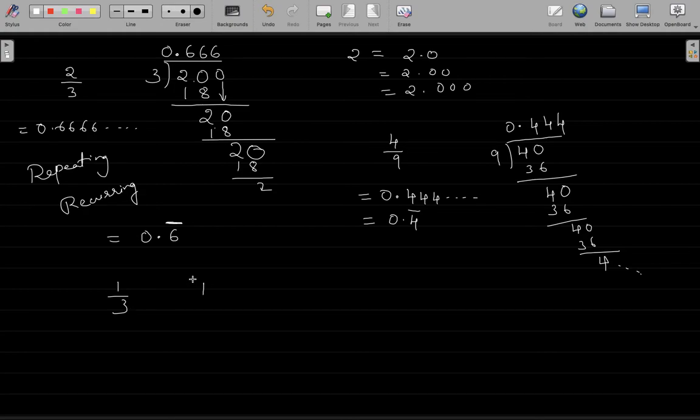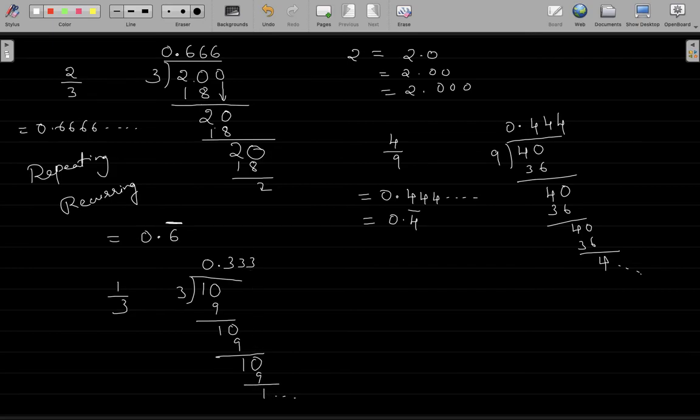Suppose I have 1 by 3. 1, when I am dividing it by 3, let us start with 0 point because 1 is less than 3. So we start with 0 point and we're keeping a 0 here. Now 3 times 3 is 9. 10 minus 9 is 1. Again keep another 0. 3 times 3 is 9. Again you get 1. Again you keep another 0. 3 times 3 is 9.